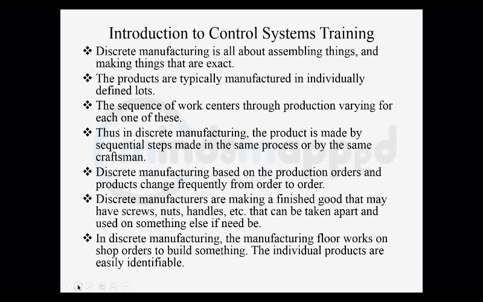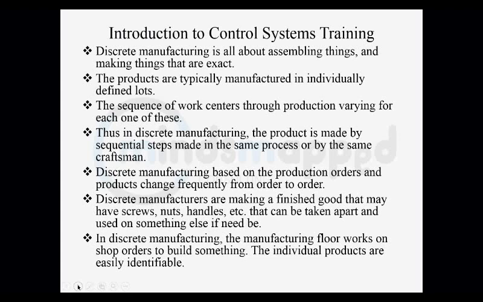So although you have to follow a sequence, the basic outline will remain the same, but there may be some separate steps that differentiate the whole lines from them. Thus, in discrete manufacturing, the product is made by sequential steps made in the same process or by the same craftsman.